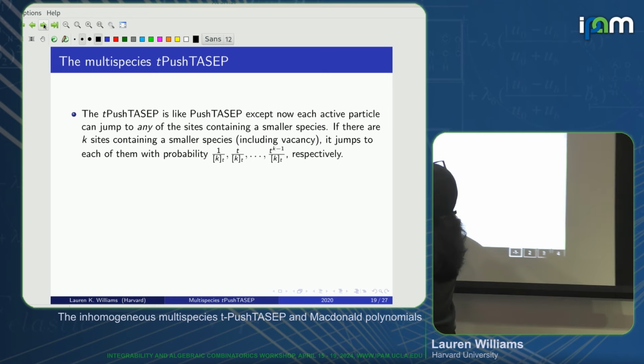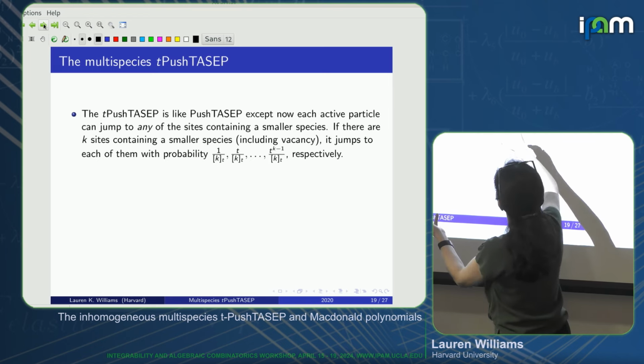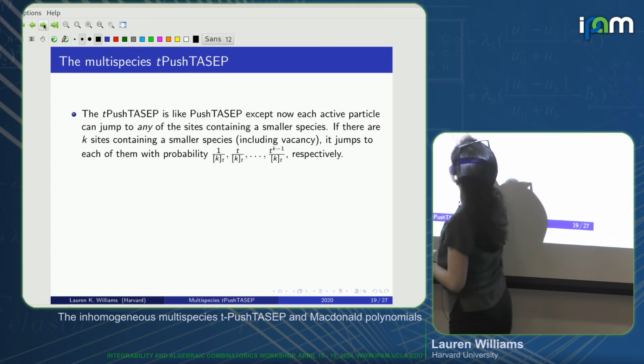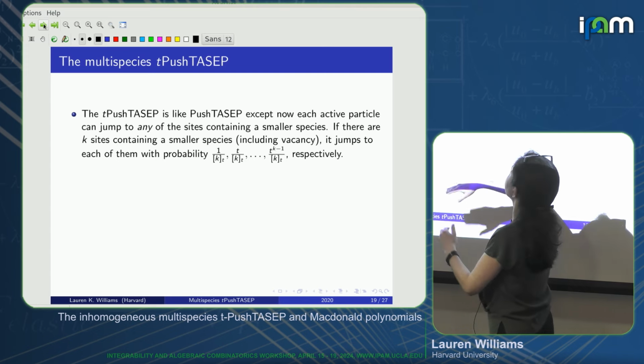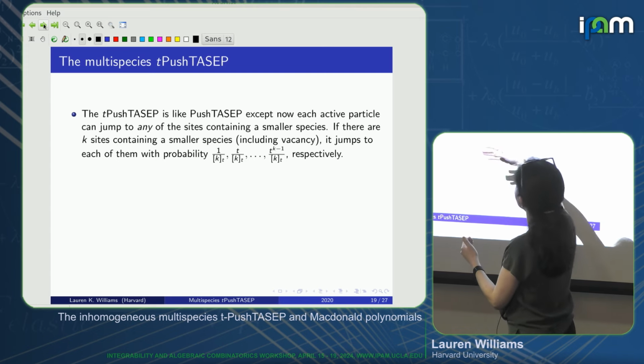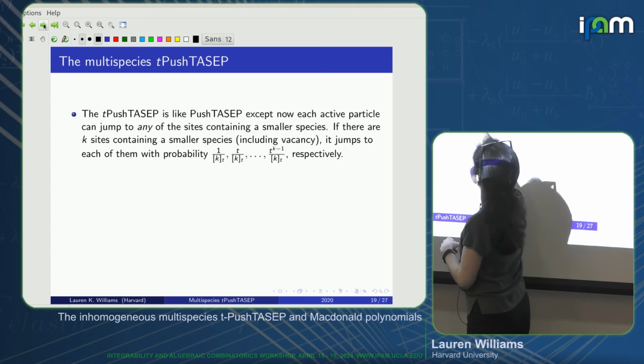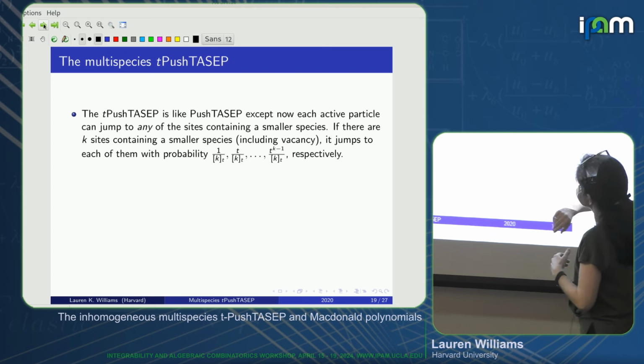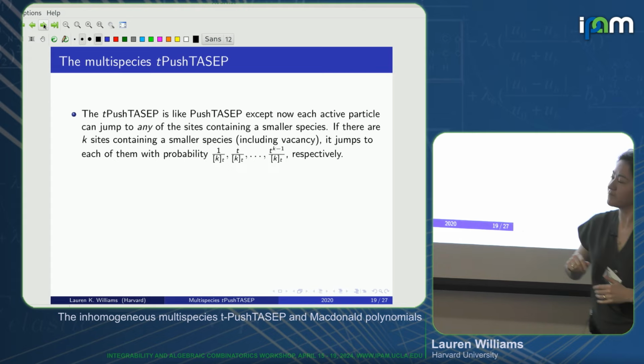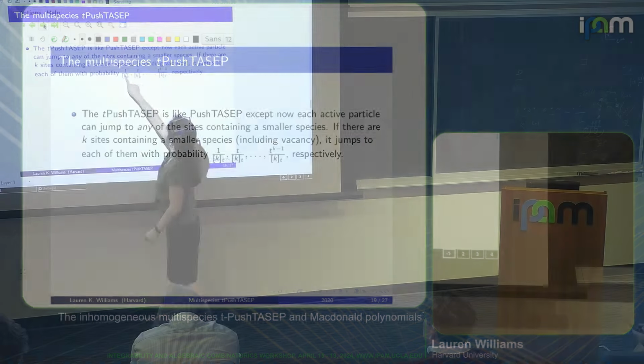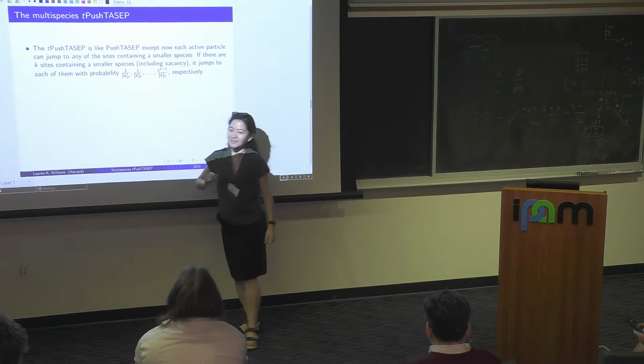It's going to jump to the first available site at rate 1 over t analog of k, and it'll jump to the second available spot at rate t over t analog of k, and so on. Crucially, the sum of these fractions is 1.